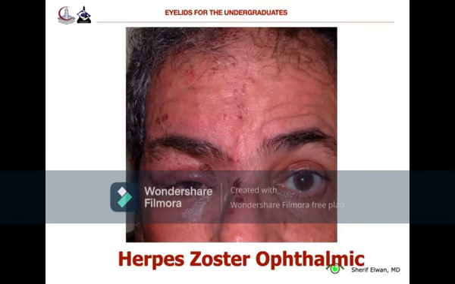And then we come to herpes zoster ophthalmicus, and as you know, herpes zoster is a neurotropic virus that resides in the ganglia, in contrary to the herpes simplex virus, which is epitheliotropic.